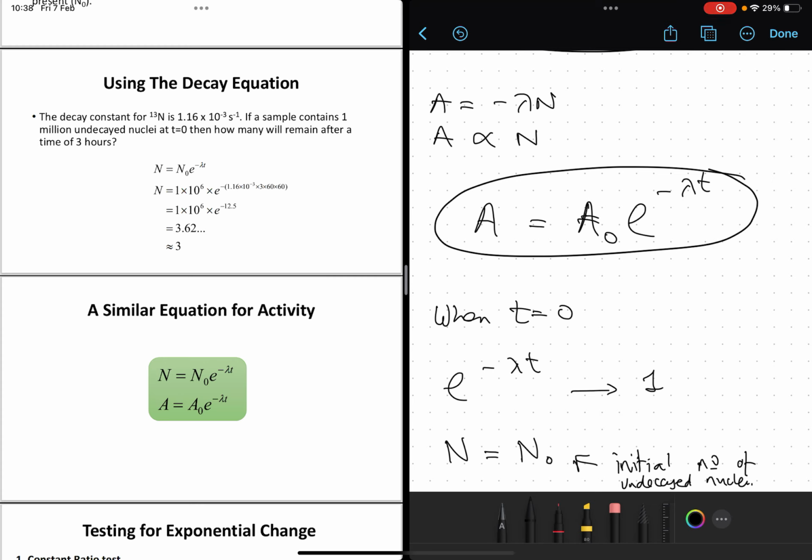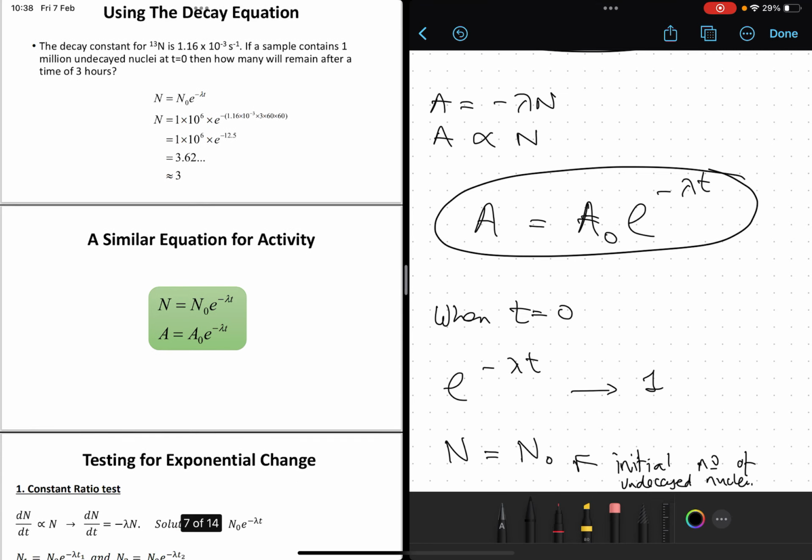Yeah, it's somewhere in between those two numbers. We'll never be able to be certain as to whether that final decay has happened or not. Just be careful when you're doing questions like this as to whether you're being asked for the number that will remain or the number that have decayed. The number that have decayed is the difference between your starting number and the number that remains. So just be a little bit careful of that.